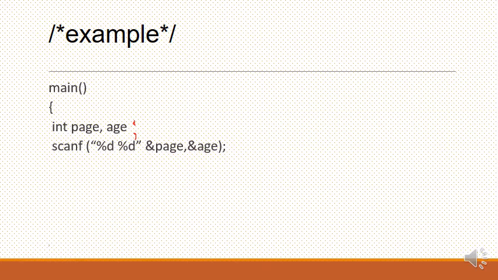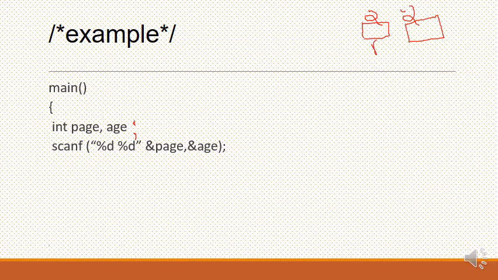Because I have already told you, whenever you write the declaration int percentage and age, 2 bytes of memory are reserved for each. This is of 2 bytes and this is of 2 bytes.